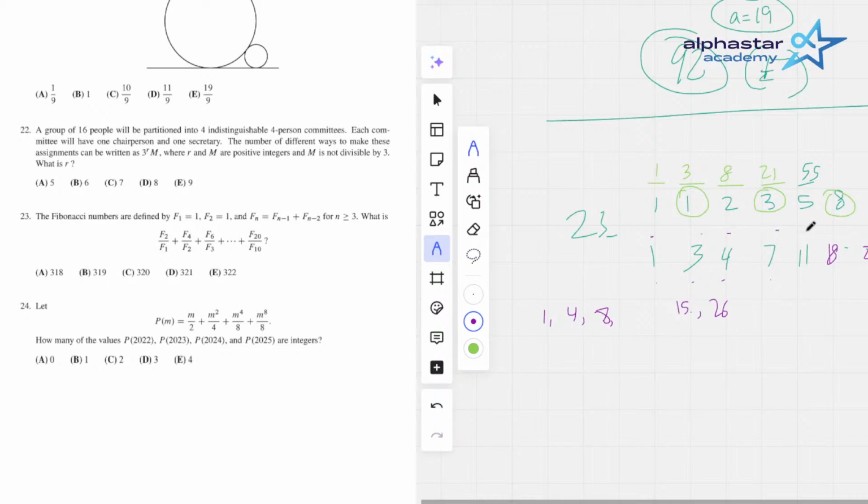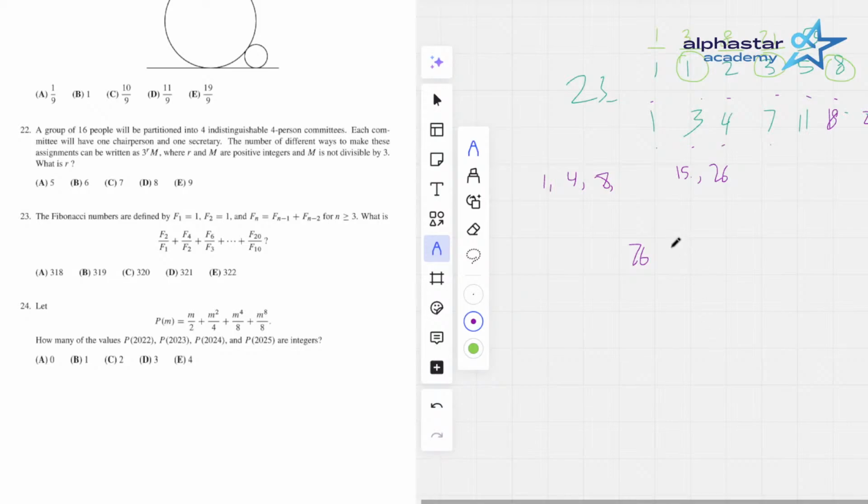1, 2, 3, 4, 5, 6, 7, 8, 9, 10. So 1, 4, 8, 15, 26, 44. So I think it's just add the 2 and then subtract 3. So 44, 70.